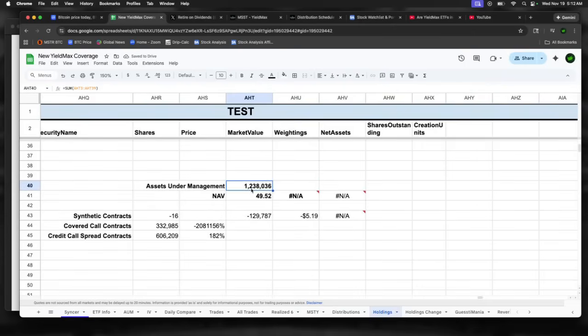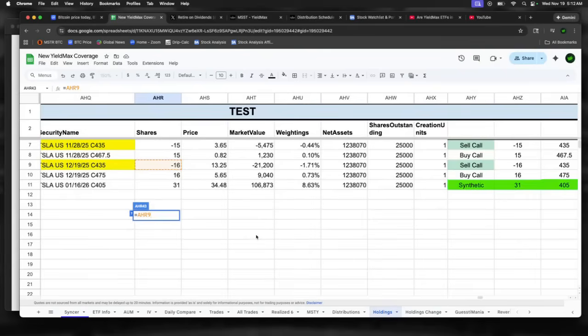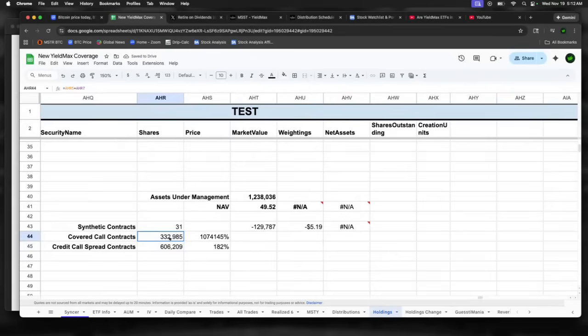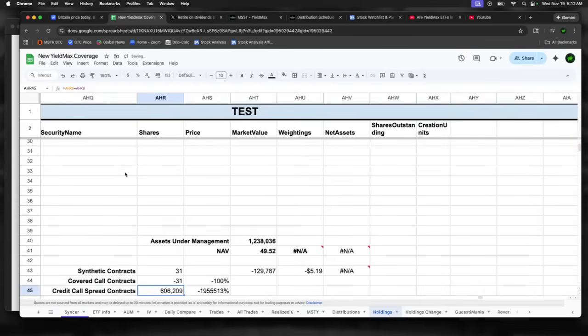So there is some stuff at the bottom. Assets under management for TEST, 1.2 million. The NAV is 49.52. Covered call contracts, synthetic contracts should be 11. So we got 31 synthetic contracts. Covered call contracts, we got what? 7 and 9. Let's fix that formula. We got that, and then we got 31 there.